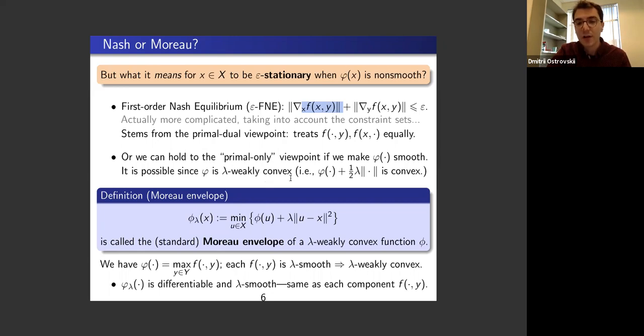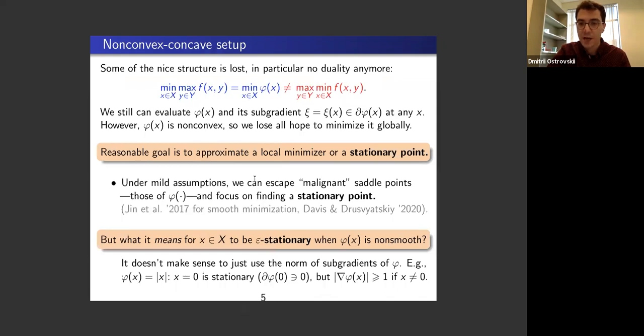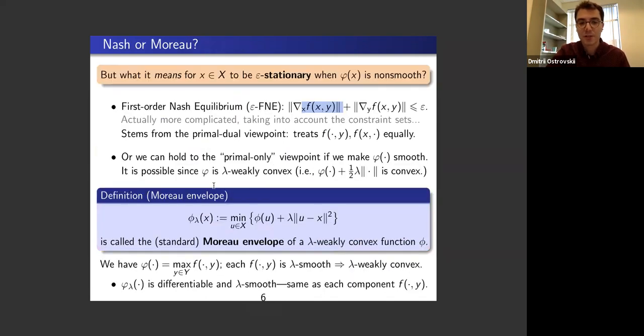I did not carry it out as an assumption, but the point is that if you assume that your initial function was lambda smooth in x, so for any y the partial gradient in x had norm at most lambda, then your phi is lambda weakly convex.